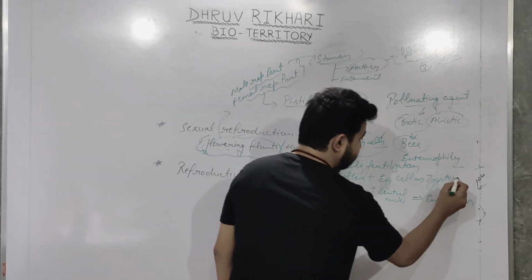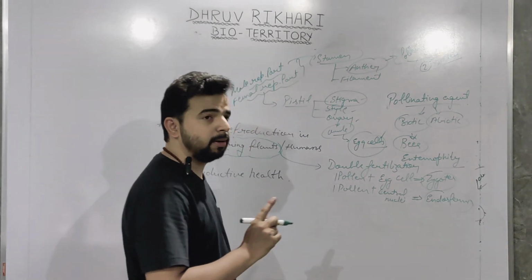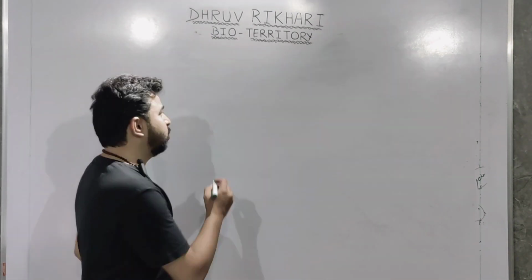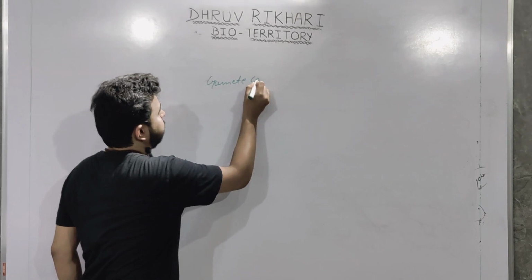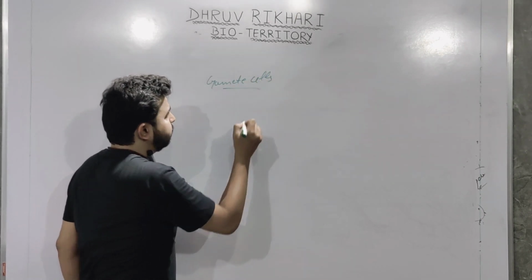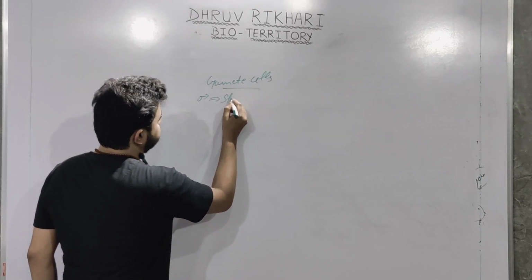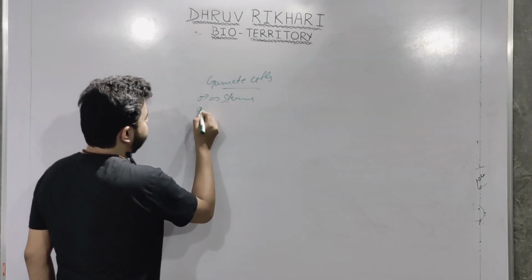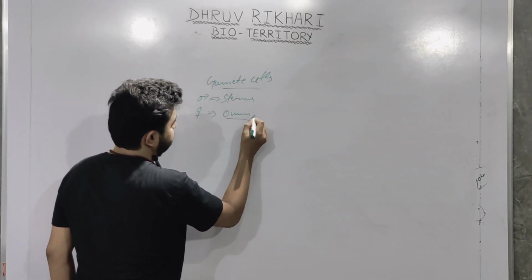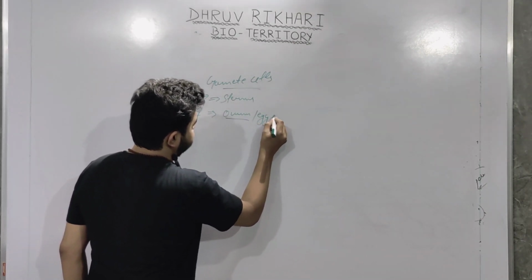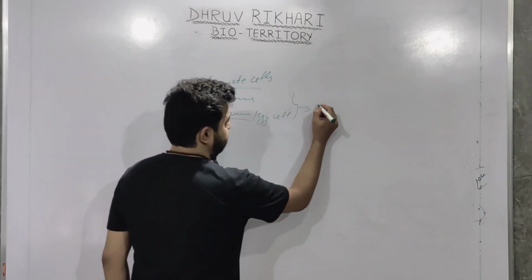Now this formation of zygote and endosperm is known as double fertilization, a mode of reproduction where the gamete cells are formed. The gamete cells formed in male are the sperm, and in female it is the ovum or the egg cell. Now again these two gametes are the product of meiosis.